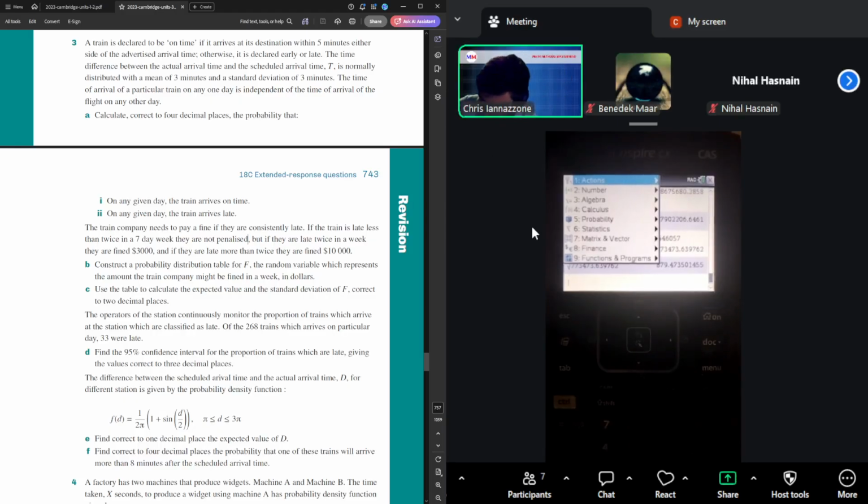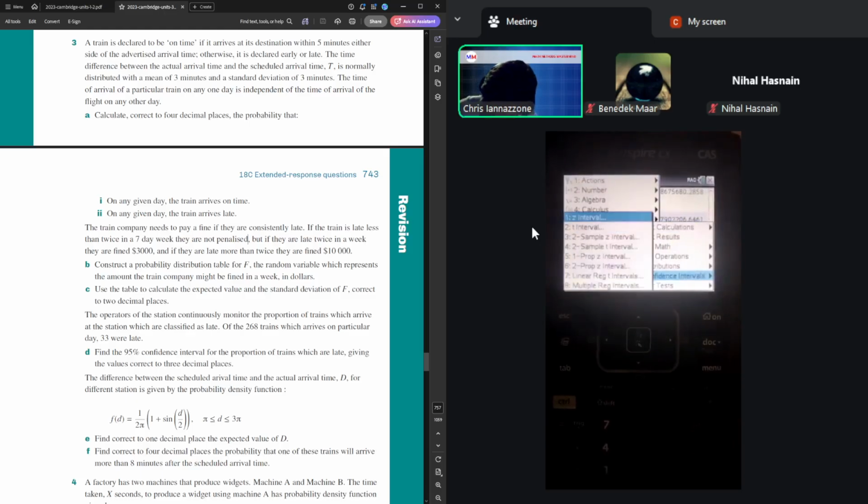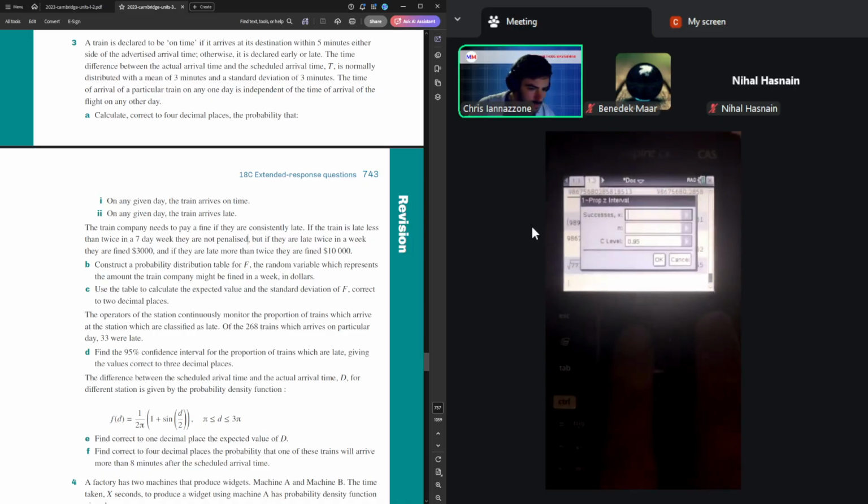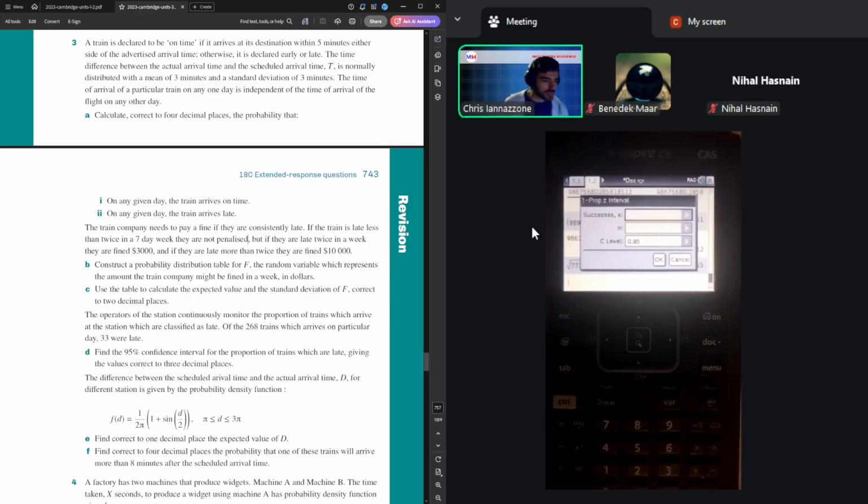It's under the statistics menu, confidence intervals, and then you want option 5, 1-prop z interval. That's the one that will automatically calculate our confidence intervals. C level is already provided as 0.95, that will be a 95% confidence interval. It's looking for an x and an n. What do we think is going in those spots?